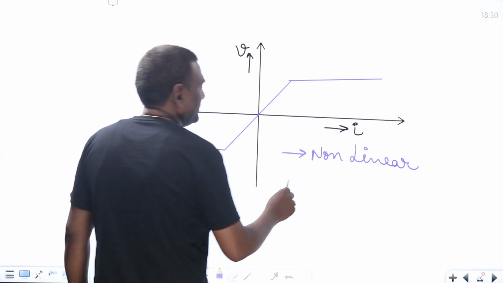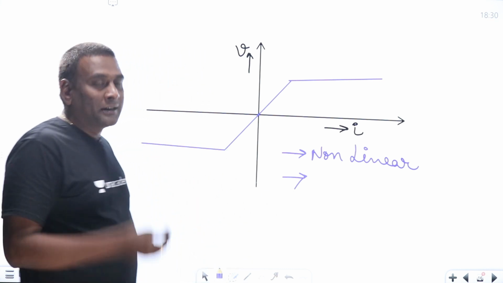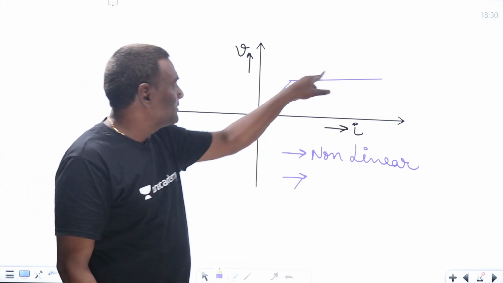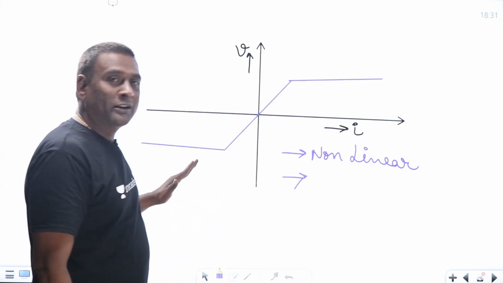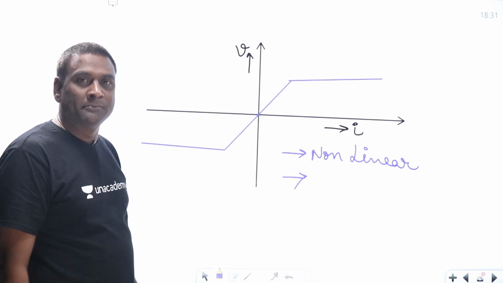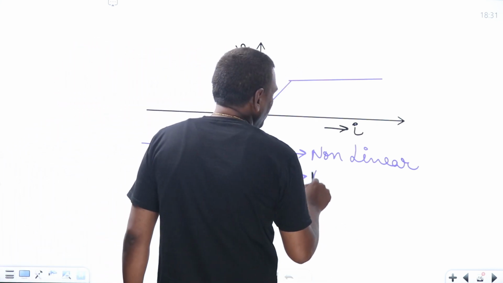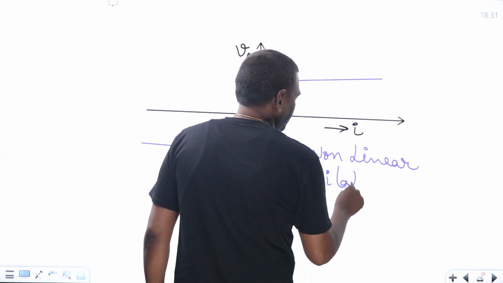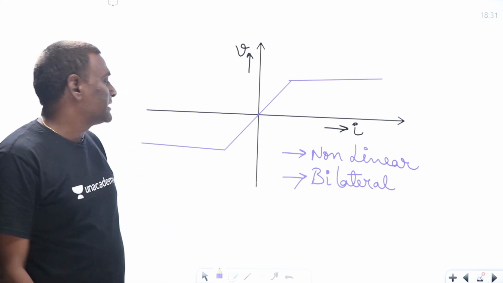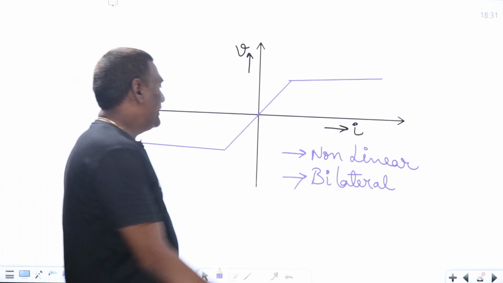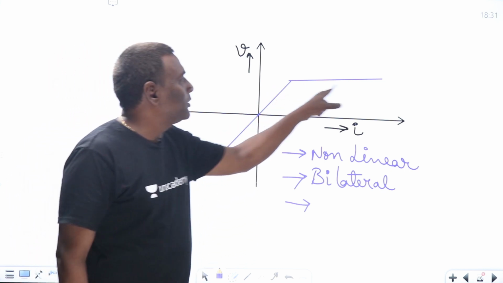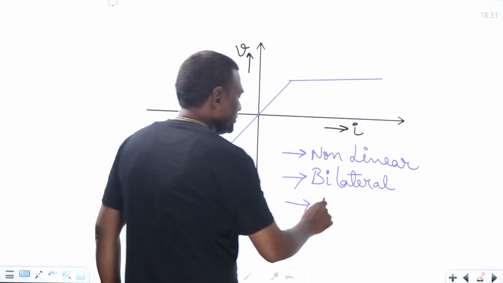Non-linear, no. Unilateral or bilateral? It will be bilateral because first and third quadrants, if you see, my characteristic is symmetric. We will discuss about our active elements also soon, just wait. Okay. Now, let us think of active passive. From here to here, active only, obviously, so active.